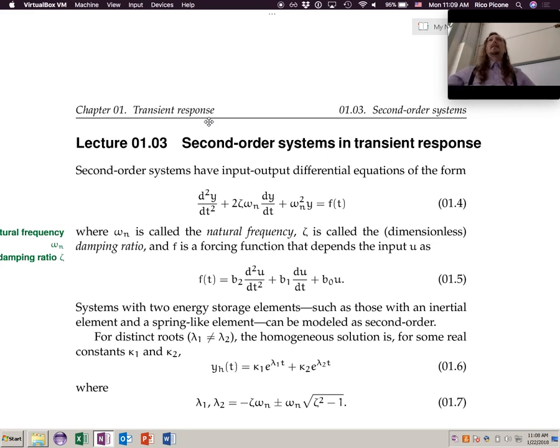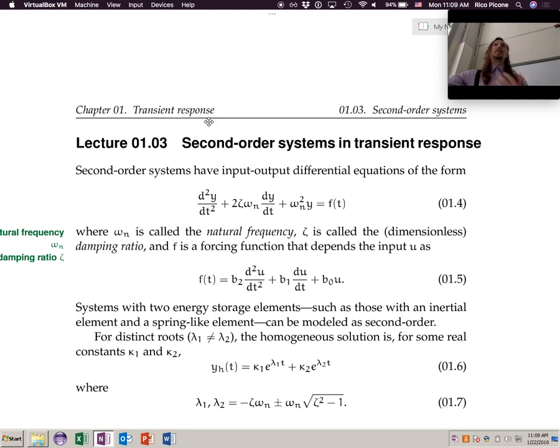The same thing is going to be true of second-order systems, although they're a little bit more complicated, so we have a little bit more to do in this lecture. So, big picture: input-output ODEs, we know how to solve them, but we're looking at characterizing the transient response of first and second-order systems.